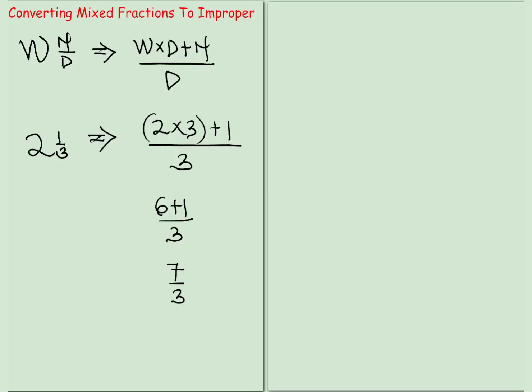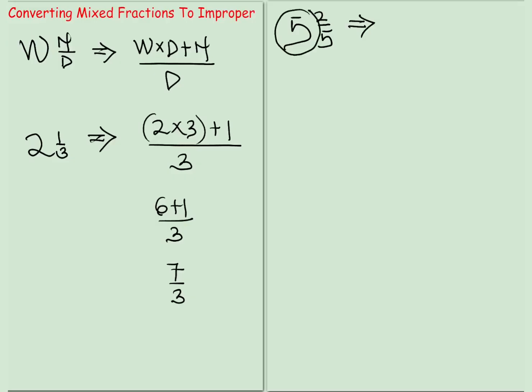Let's try some few more examples. Okay, so in this second example here, we have 5 whole number 2 over 5, and we want to change it into improper fraction. So just as the procedure says, multiply your whole number by your denominator. That is 5 multiplied by 5. And then we add the numerator, so plus 2, all over the denominator, so all over 5.